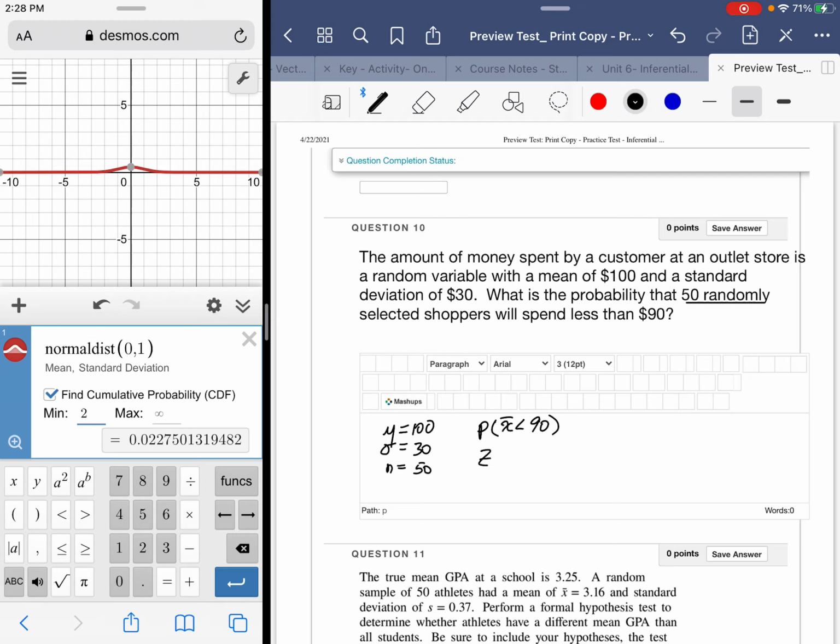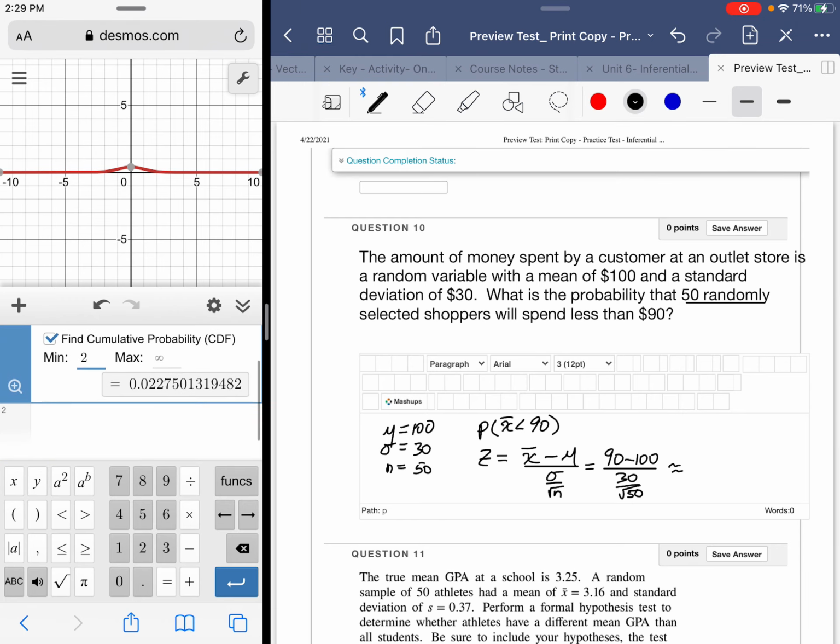So I would use my modified formula, which is for the z-score, x bar minus mu over sigma over the square root of n. So 90 minus 100 over 30 over the square root of 50. All right, so crunch those numbers.